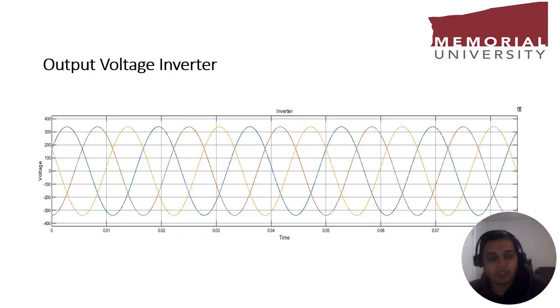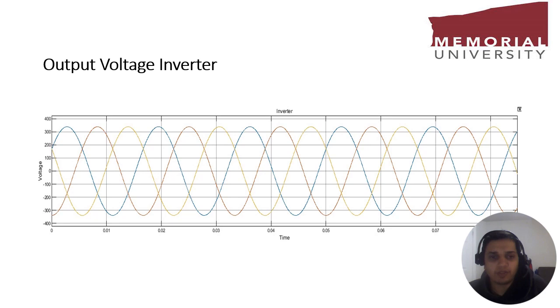In this graph we have the voltage output of the inverter, and we can see that it is a perfect sinusoidal wave with 320 volts peak to peak, and the RMS should be around 208 to 210 volts.